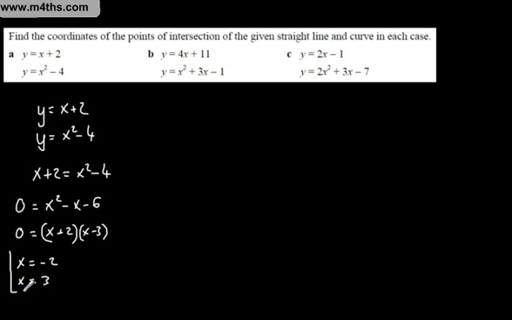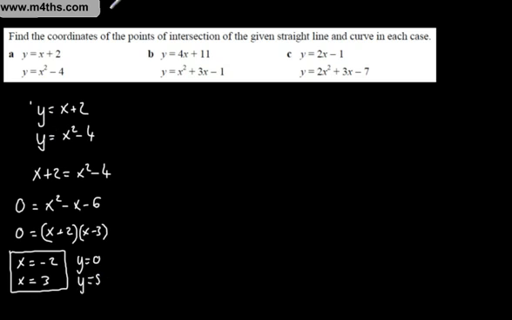Now to find the corresponding y coordinates, that is not a solution yet, we've only got the x. So y is going to be equal to x plus 2. If x is negative 2, then y is equal to 0. If x is positive 3, we use the linear equation, don't go back through the quadratic, y is going to equal 5.